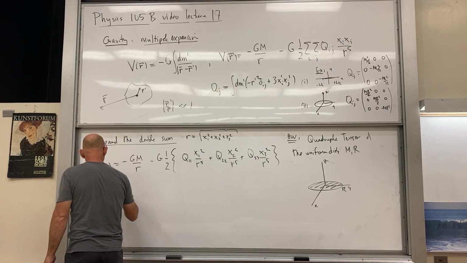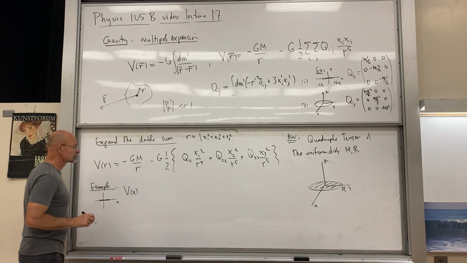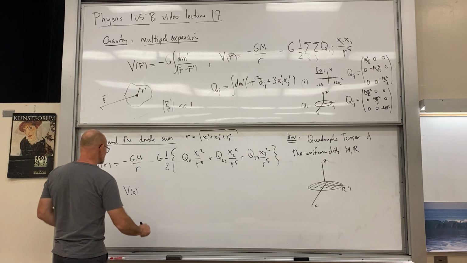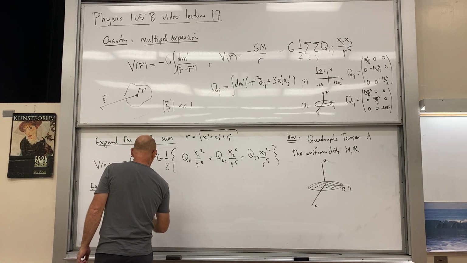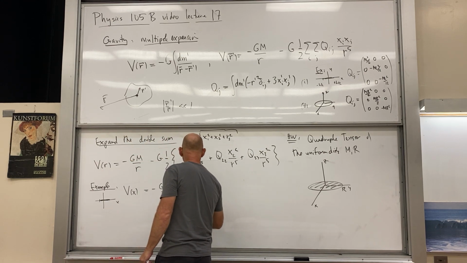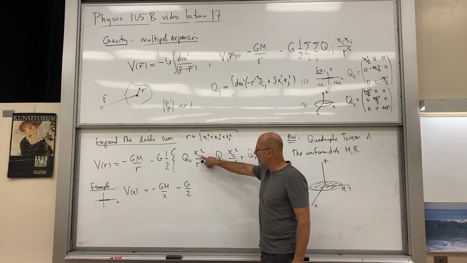This object here, V of x. Of course, that's going to simplify a lot because we're just looking along the x-axis. We have minus GM over x minus G over 2. We're only going to have the x1, which is our x.